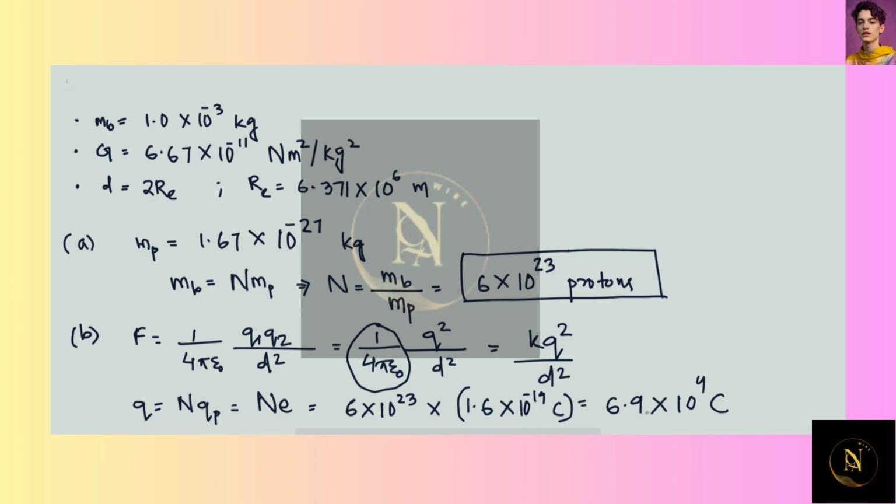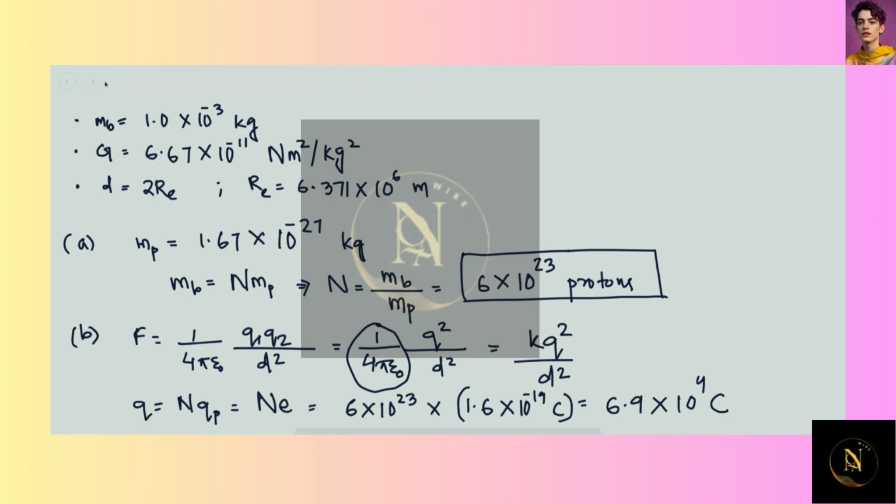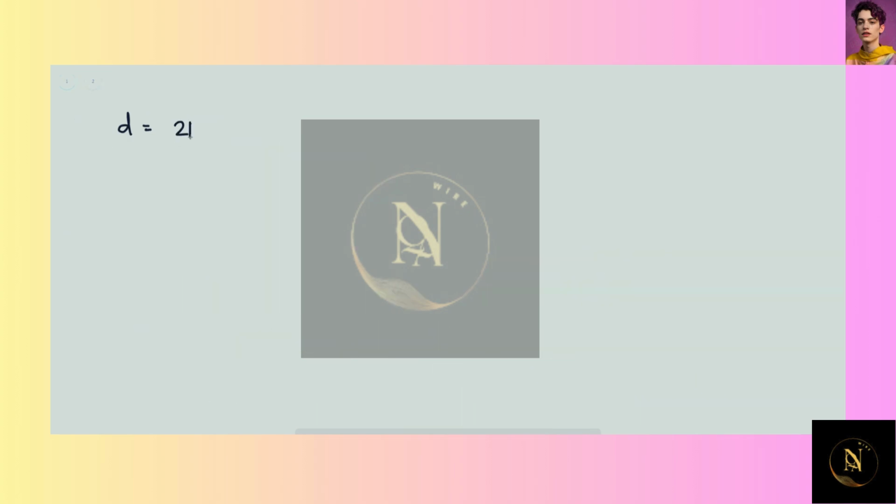So now that we have Q, we just need to find D, the distance between the two bags, and that, as I wrote in the known information, is equal to twice the radius of Earth. Substituting the value for RE, we get D to be equal to 1.3 times 10 to the power 7 meter.